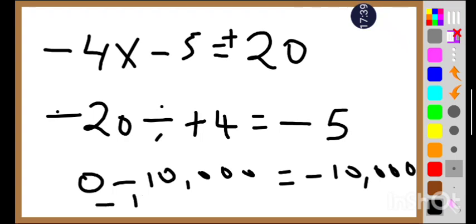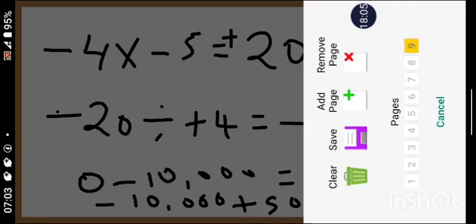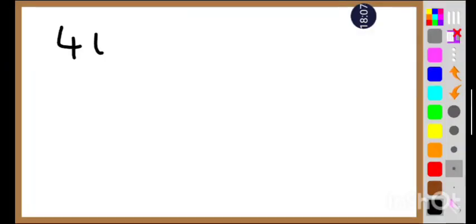If you come now with 50,000, out of this 50,000 that you have, remove 10,000 to fill back the debt. It means what will be left in your account will be 40,000 francs. That's the balance that will be left in your account.